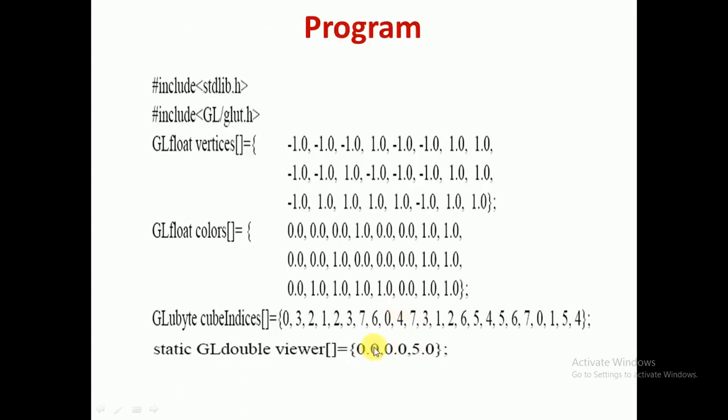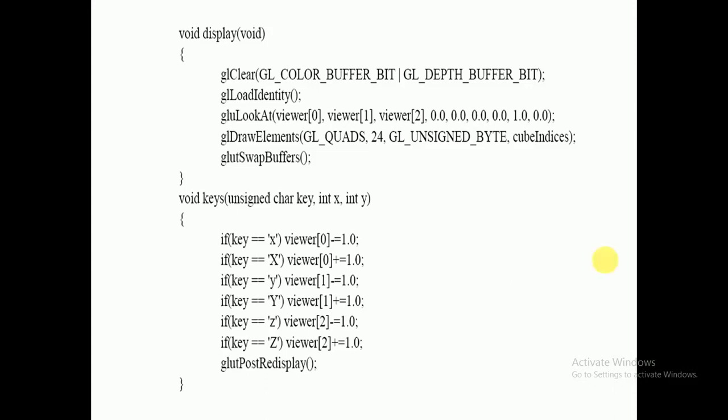On X we are at a distance of 0, meaning at the origin. On Y also we are at 0, but in Z we are 5 units away from the origin. X is 0, Y is 0, and only in the Z direction are we 5 units away from the origin, right? That we have set here. So the camera is X 0, Y 0, Z 5.